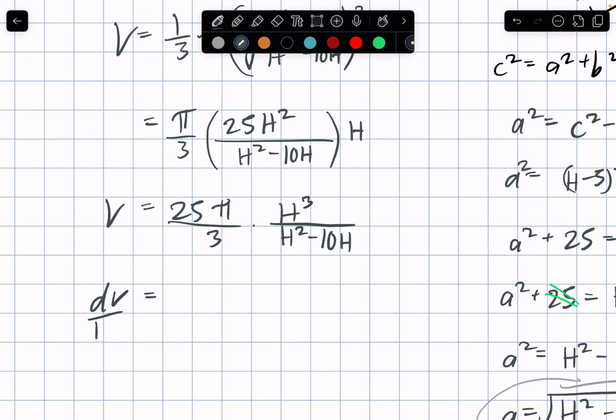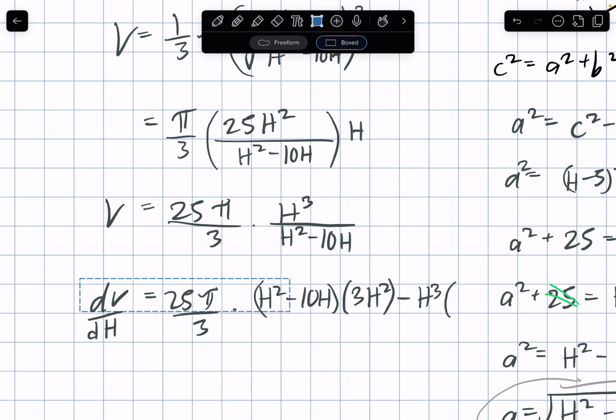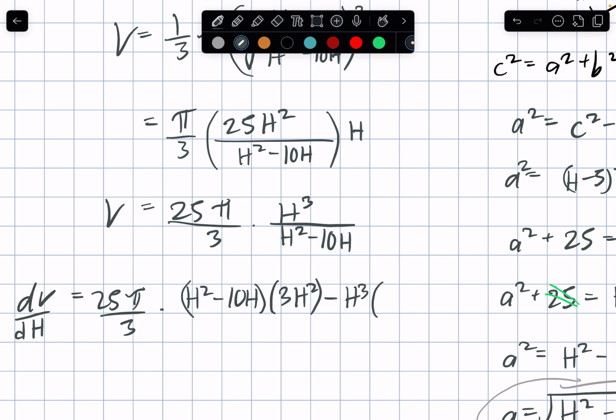So that's the volume. Now find dV over dh. So 25 pi over 3. We apply quotient rule. So 3h squared minus h cubed times h minus 10.